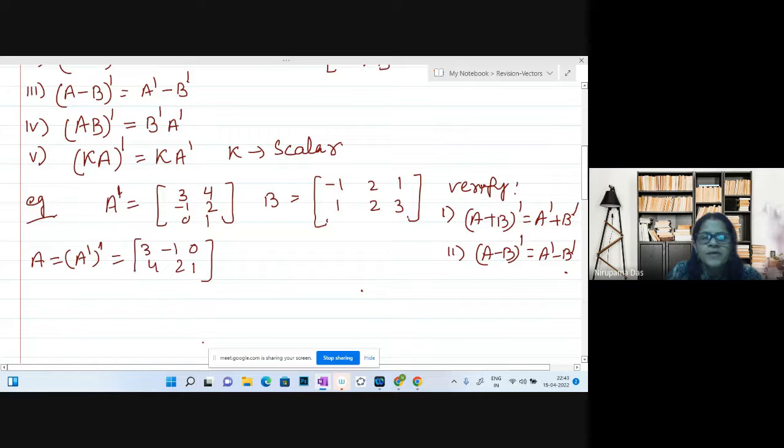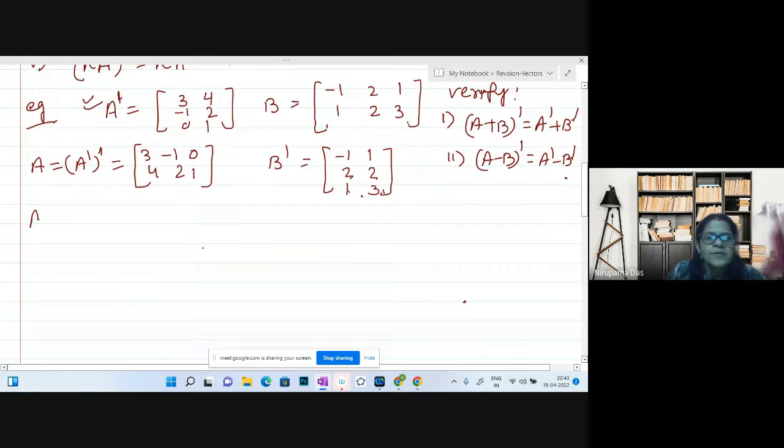B matrix is already given to us. So this is A transpose, this is B. We want A transpose and B transpose. Let me find B transpose here. It is -1, 2, 1, first column, 1, 2, 3, second column.